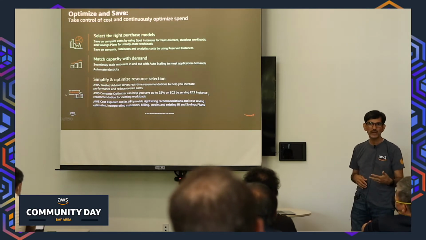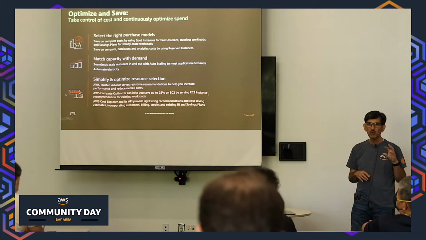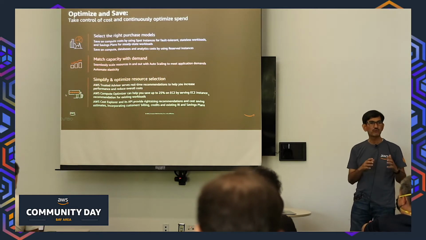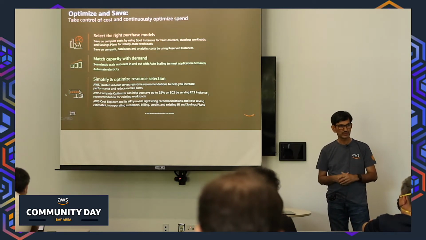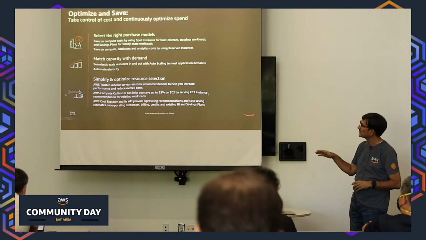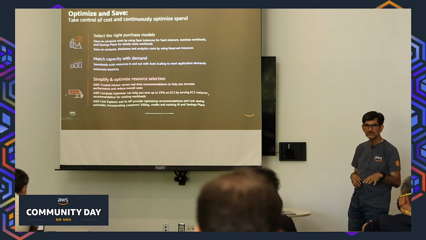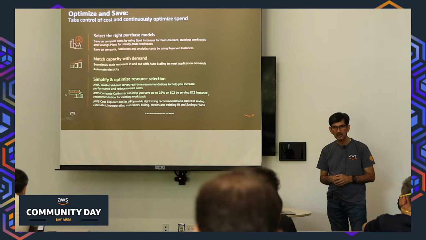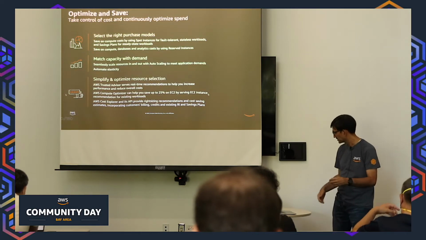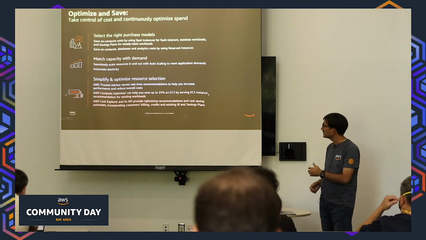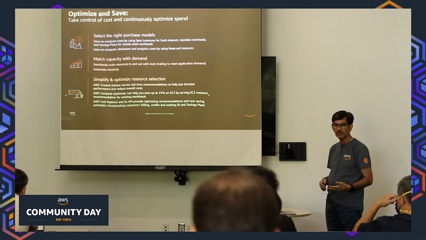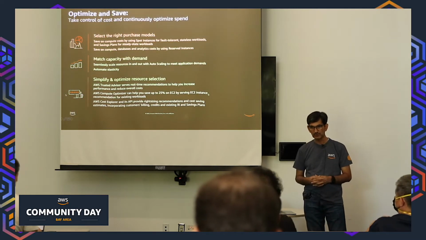So you need to look at the purchase models and categories that are available for the service that your application is using. So we will talk a little bit more today in this session about the compute side of the purchase models, but primarily it's exactly the same way available for every service that you are looking at.